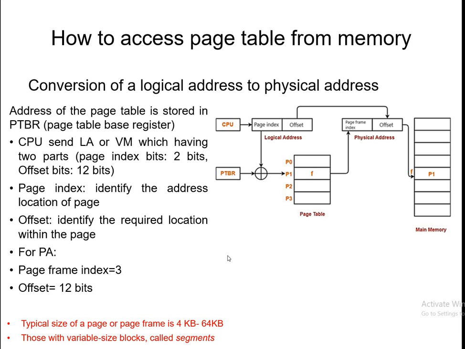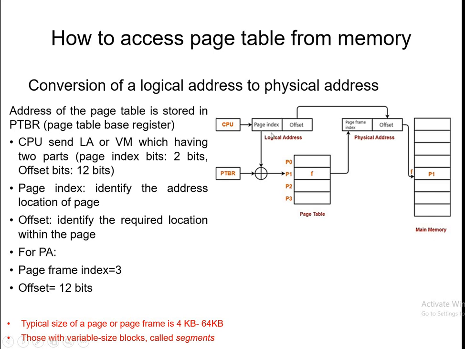As we have already discussed, virtual memory has one logical address which is generated by the CPU, and that logical address has two parts. One is called the offset, and another is called the page index.